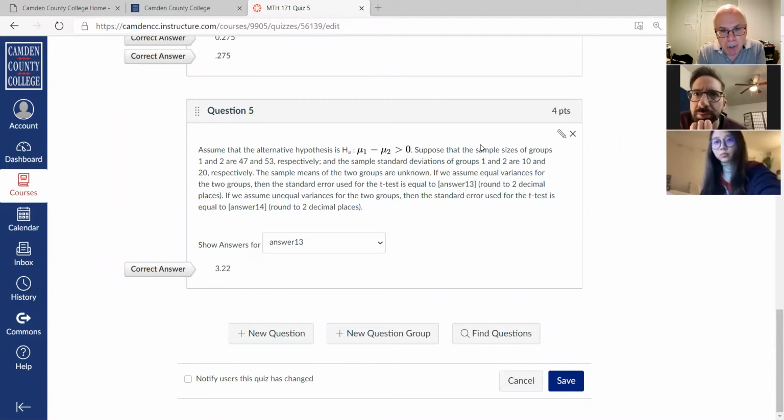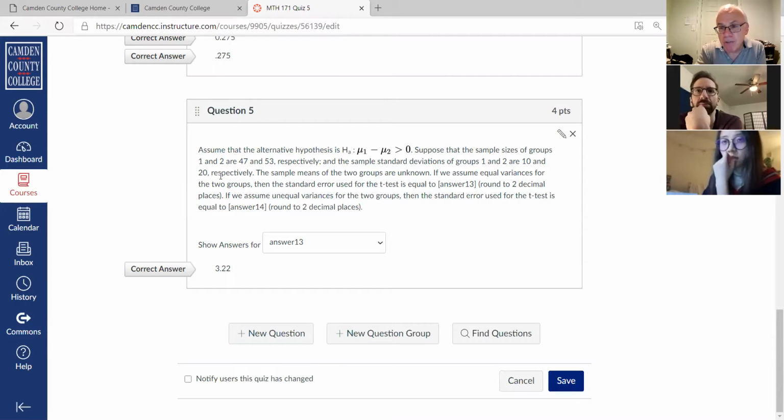All this data up here, the sample sizes and the sample standard deviations. You have to square the sample standard deviations, by the way, to get the sample variances. So the sample variance for group 1 is 100. I made these easy so that you can do it in your head. And the sample variance for group 2 is 400, since it's 20 squared.